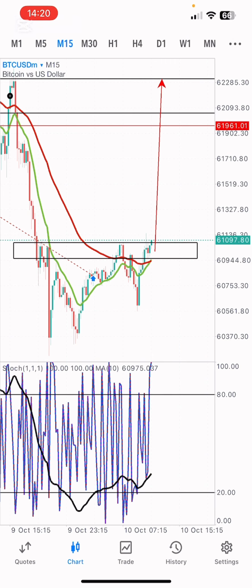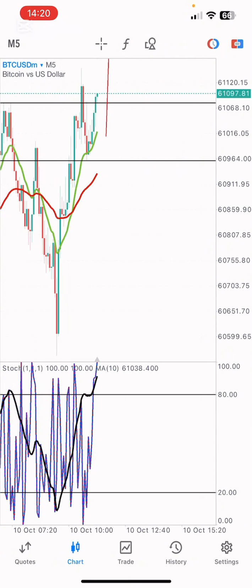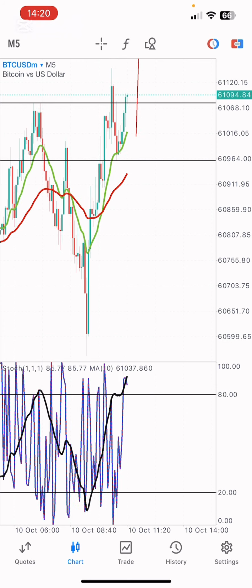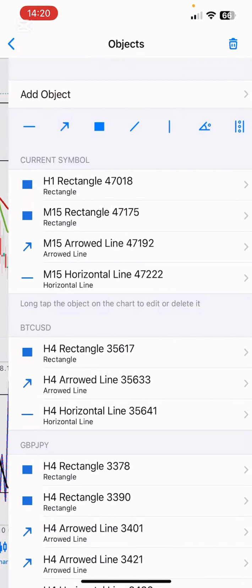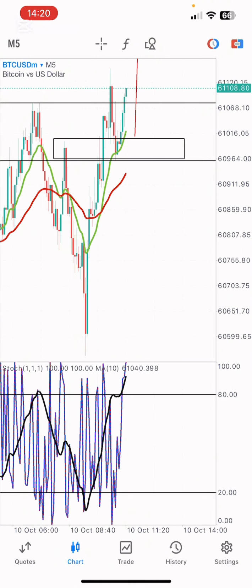All right, so we can even go back to the 5 minutes. You see this one has played out here. You saw after we have the crossover, there is crossover, we have our break of structure here as well. What is happening now?